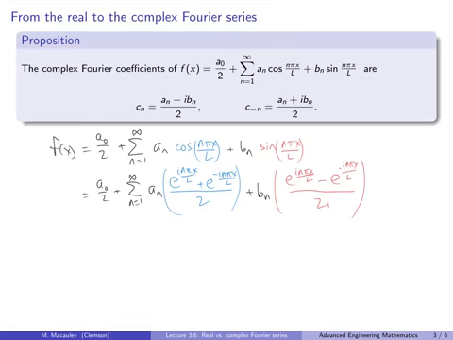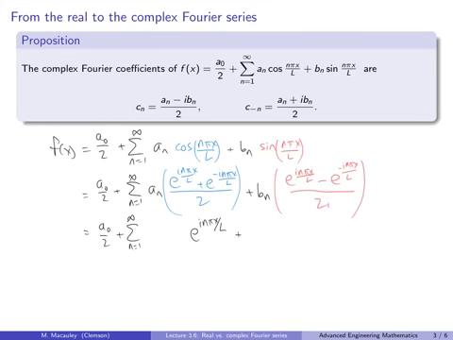So now we need to collect terms. Let's put the exponentials with positive n's together and the ones with negative n's together. So if we do that, we get a naught over 2 plus the sum from n equals 1 to infinity. Okay, so how many e to the i n pi x over L's do we have?